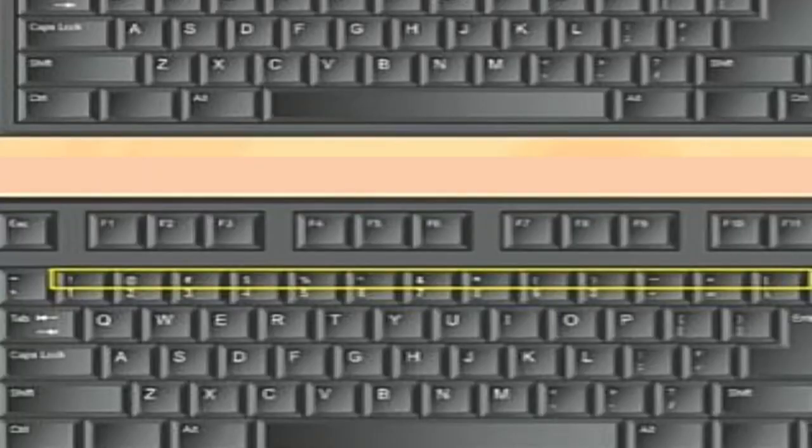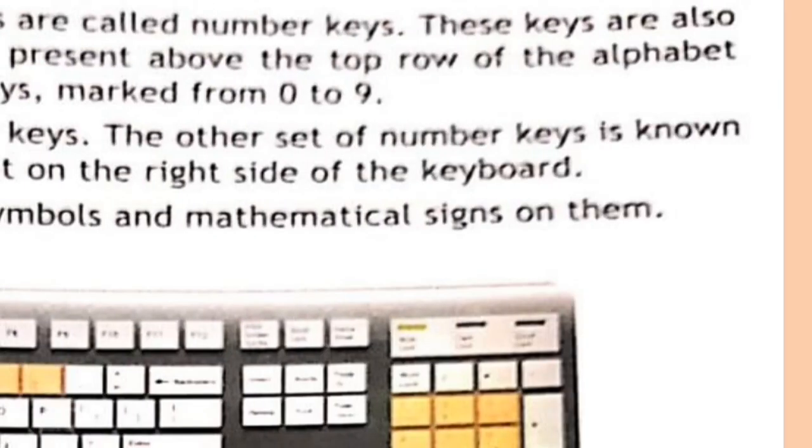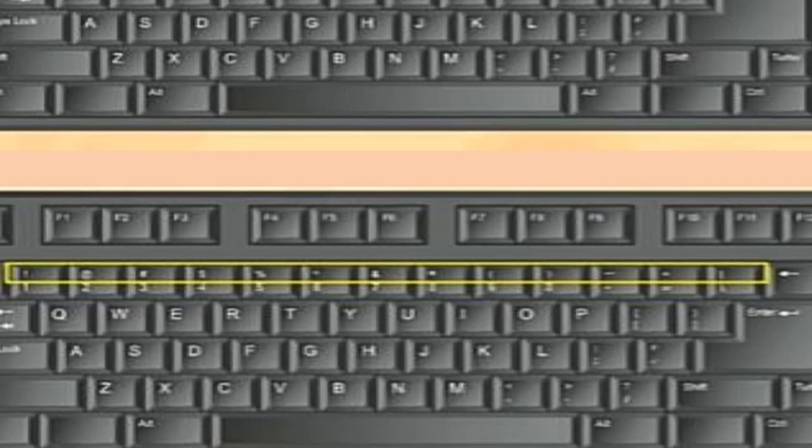If it's clear, in this figure you can clearly see that numbers 1 to 9 are written here, and this is the number keys on the top of the alphabet keys.